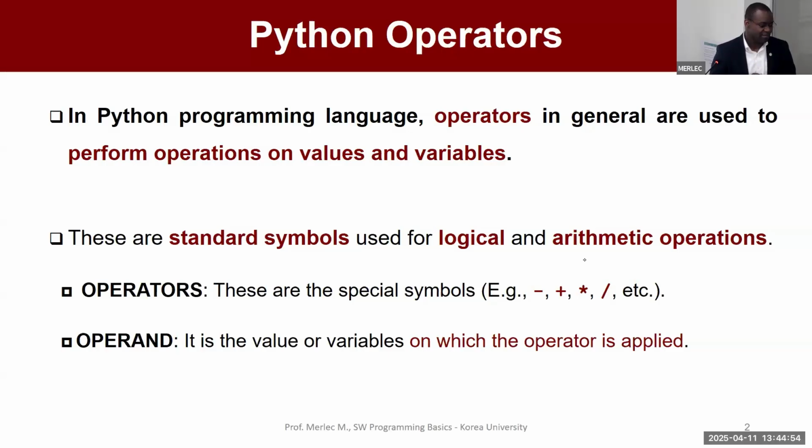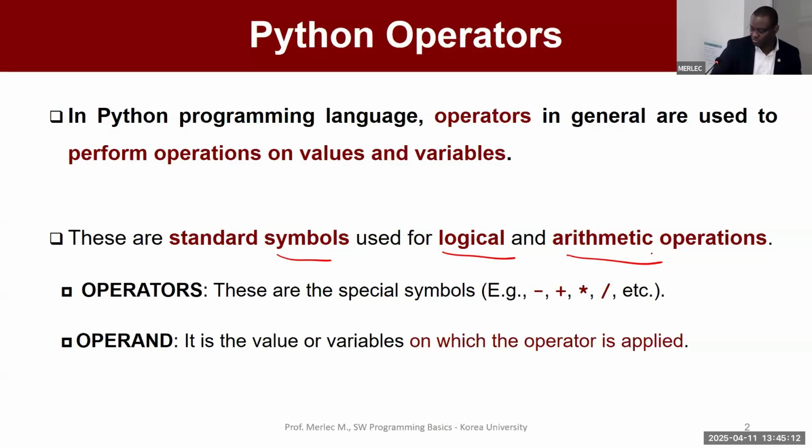We have several standard symbols that are used to make operations in Python. So we basically use logical and arithmetic operations. Okay, we have several symbols that we already know.